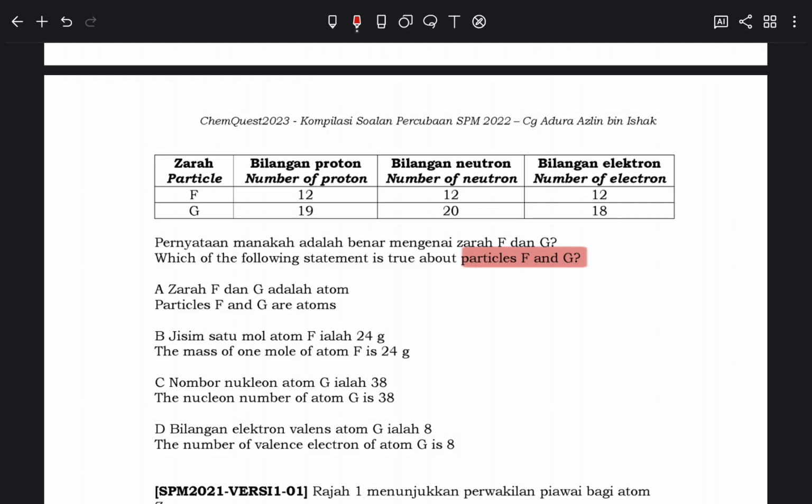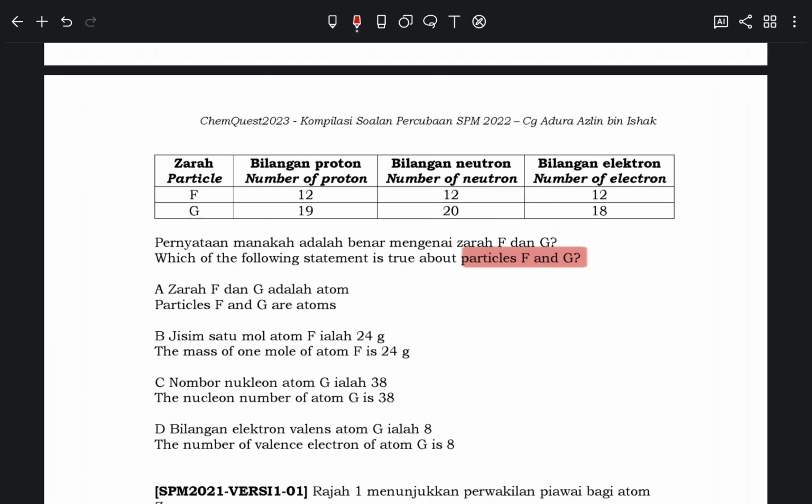B, the mass of 1 mole of atom F is 24 gram. How do they know? Okay, so the reason is we will determine the mass from the nucleon number. How do we get the nucleon number? Proton plus neutron. So 24. Okay, fine, just put it on hold. The nucleon number of atom G is 38.